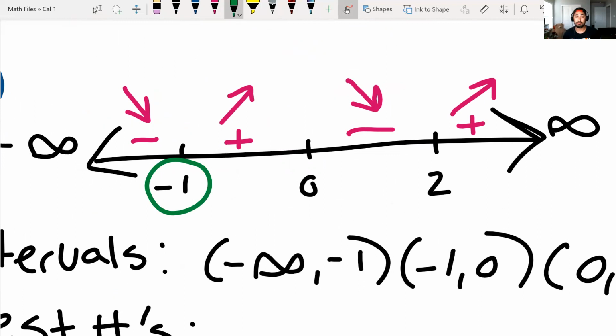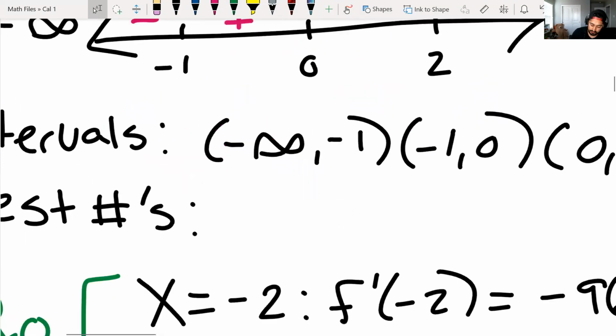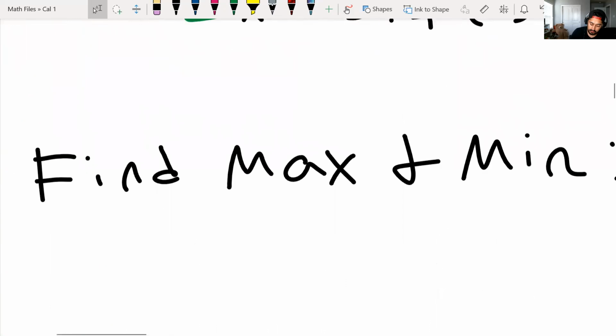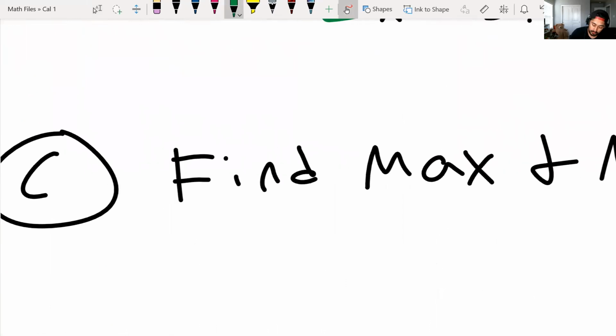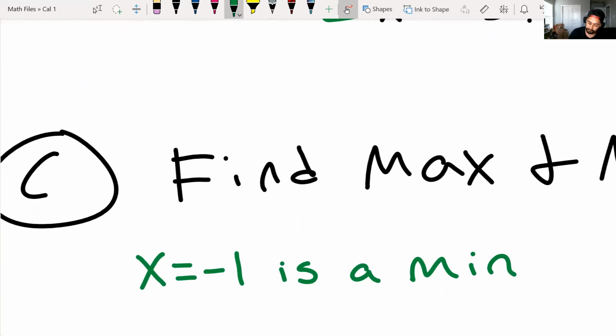At -1, what is our sign chart doing? It is decreasing and then increasing. This means that at -1, we have a minimum. So I'll write it here: x equals -1 is a minimum.